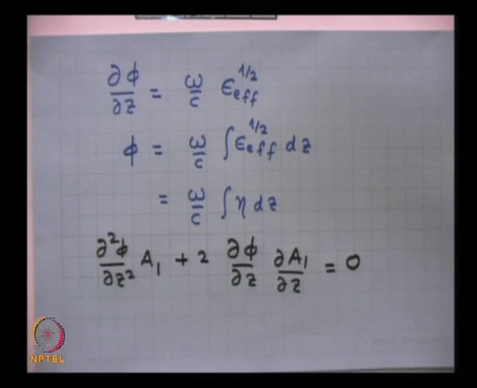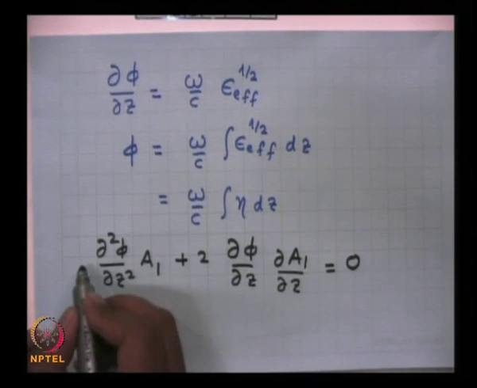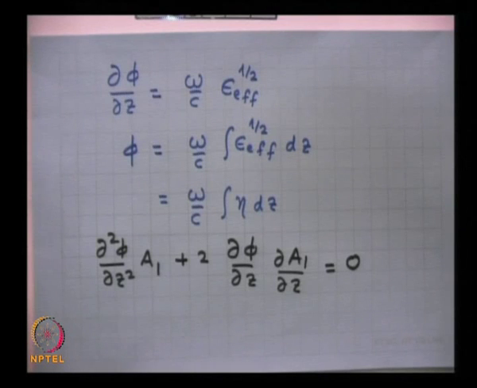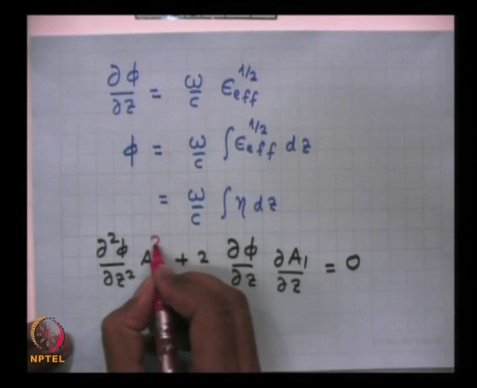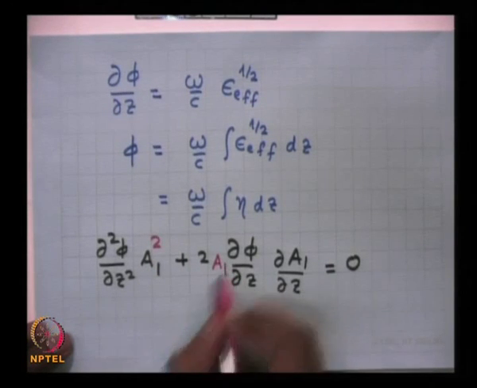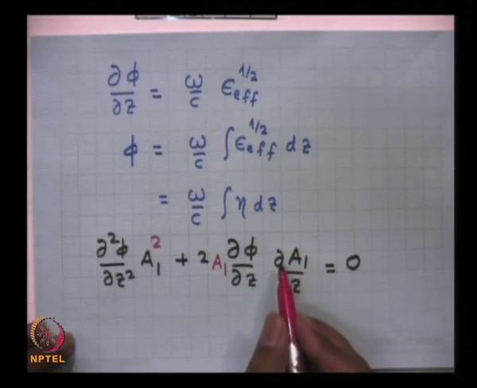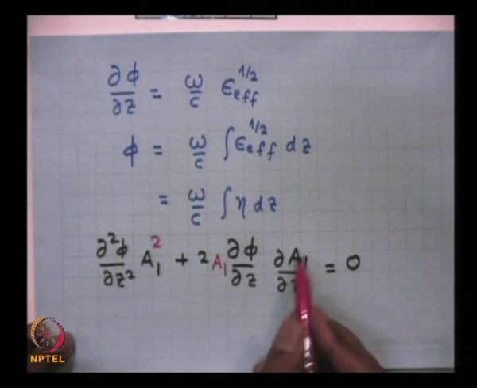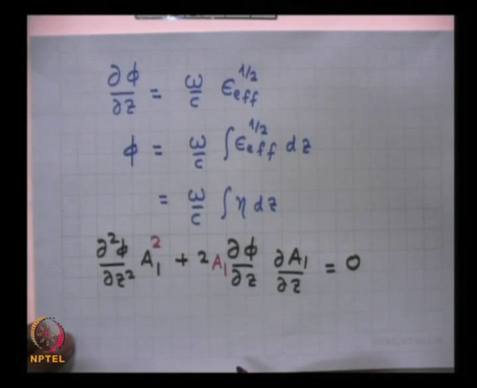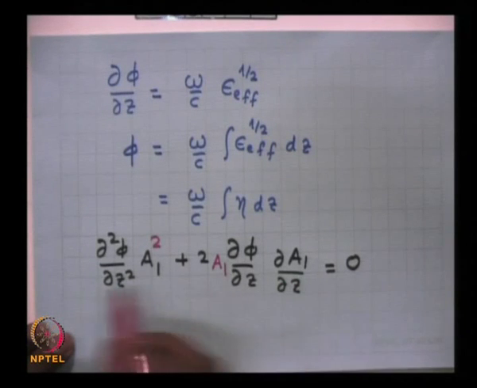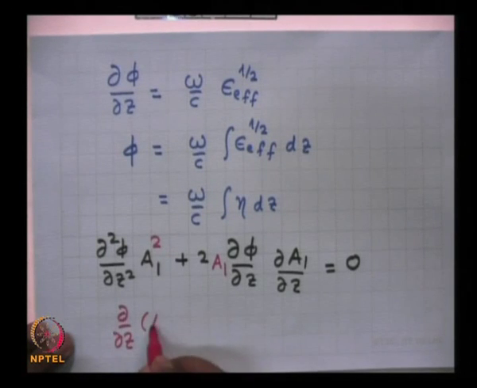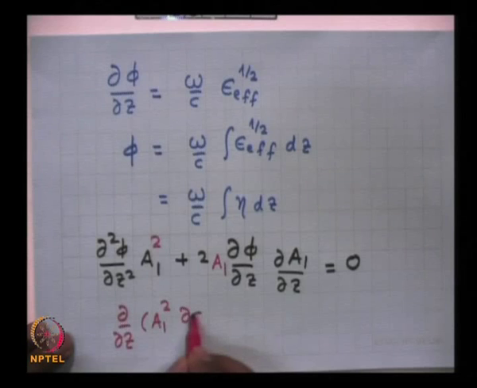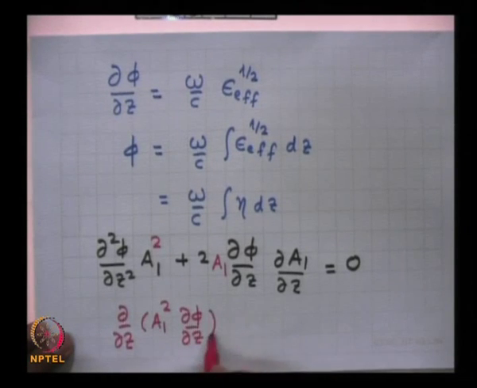These two terms can be combined into one if I multiply both by a quantity A1. If I multiply this by A1, this becomes A1 square, and this 2A1 into dA1 by dz becomes d of A1 square by dz, and this can be written simply as delta by delta z of A1 square delta phi by delta z is equal to 0.